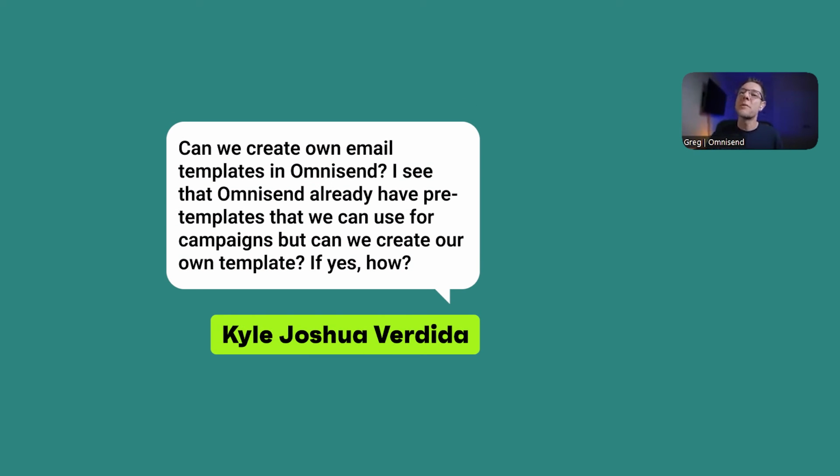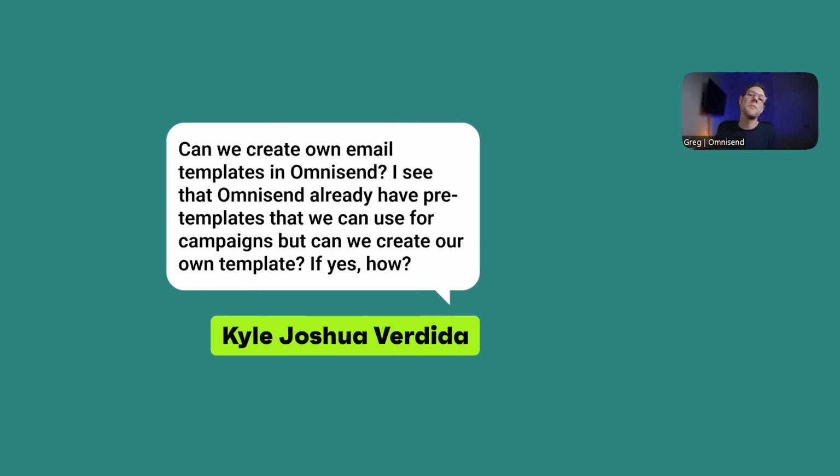Question, more product related, but I'm going to read it out. Can you create your own templates in Omnisend? Of course, we have the pre-built templates, but yes, you can create your own templates in Omnisend. You can even create different versions of them. You can also use one of our pre-built templates and save shells of it, like the layout and things like that, but you want to have other areas where you can adjust those.